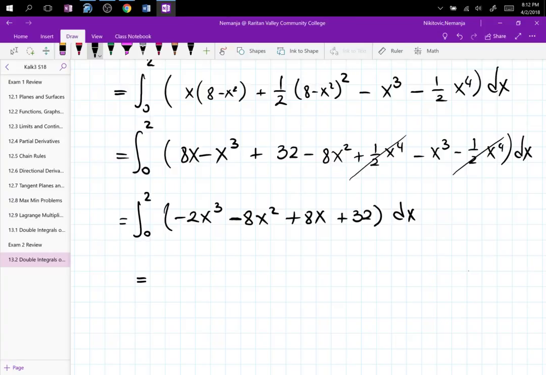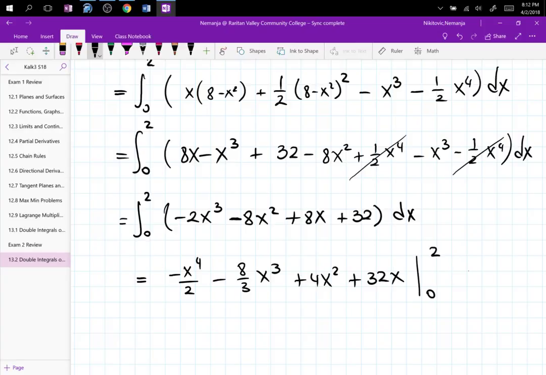So what do I have here? When I integrate, it's going to be over 4, so it's negative x to the 4th over 2, because the 4s cancel, minus 8/3 x cubed, can't do anything there, plus 4x squared, I can do that, plus 32x, computed from 0 to 2.